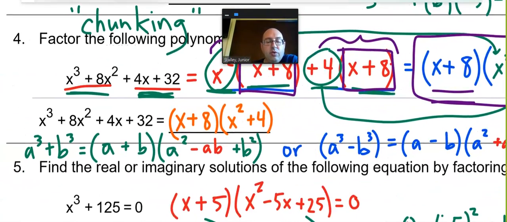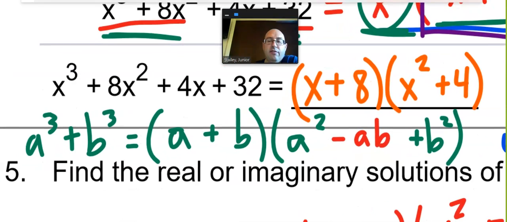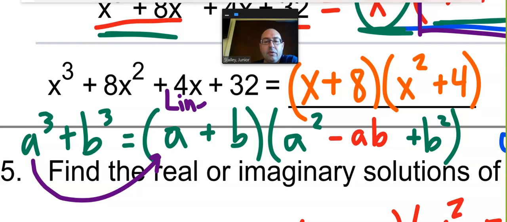The next particular one that we're dealing with is called a sum or difference of cubes. Now, I've tried to write out the formula. So here's the formula as a sum of cubes: a cubed plus b cubed. Now, I want you to follow a pattern with me. First, I take the cube root, so that you're going to have a linear factor.